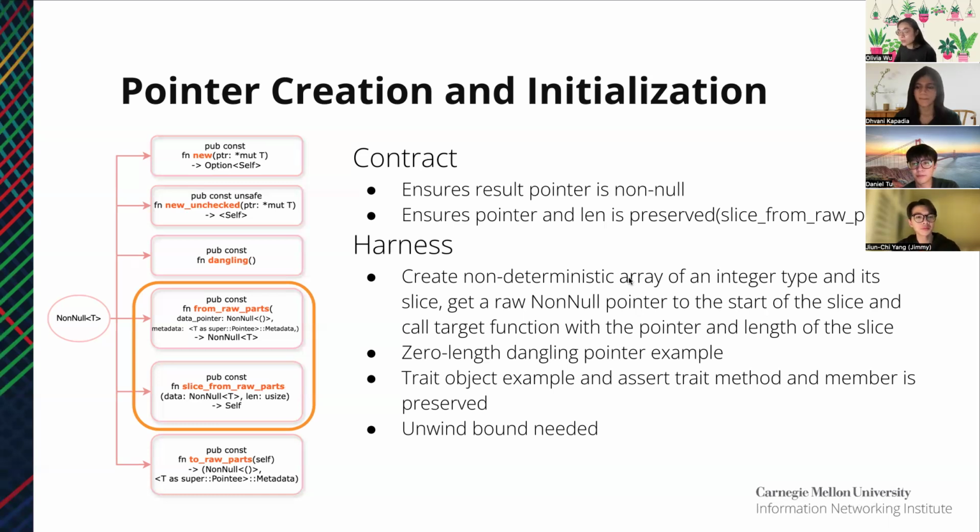We also added an example for a zero-length dangling pointer, plus the trait object example, especially for the from raw parts API. And the other special thing to pay attention to is that for these two, we need to specify the unwind bound in the harness so that Kani will not try to unwind it indefinitely.